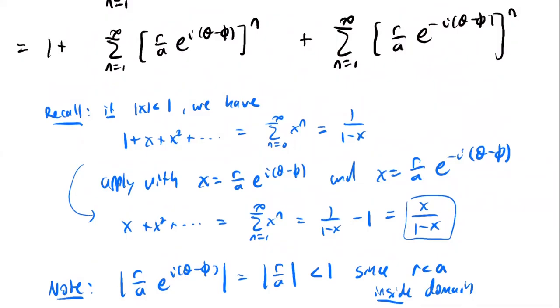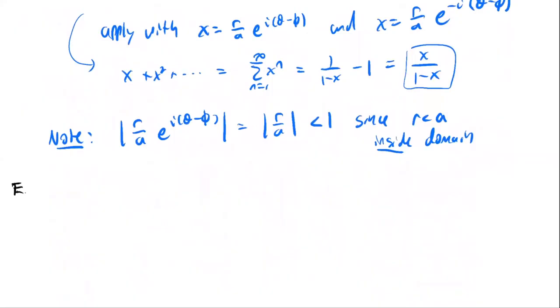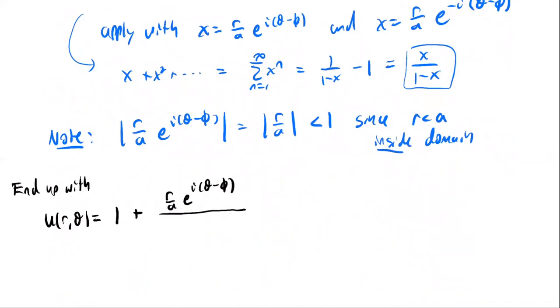Now what we'll do is just plug in these formulas, and we'll be able to evaluate both infinite sums. So we end up with 1 plus, in the first term, r over a e to the i (theta minus phi) divided by 1 minus r over a e to the i (theta minus phi).